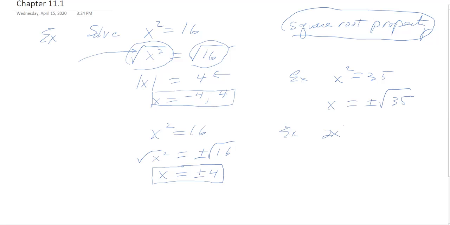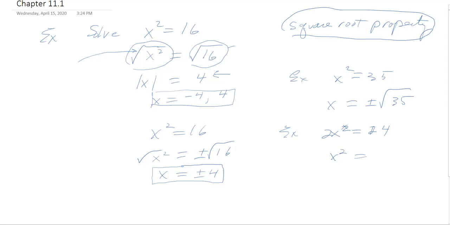Let's say 2x squared equals, let's make it 24. That's 2x squared. So if I'm solving this, I would want to get that x squared isolated.